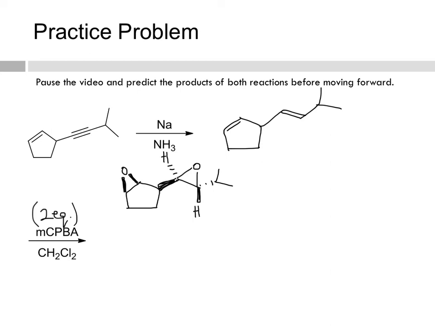Now because we have two possibilities in each case, this can be from the top or the bottom. This can be from the top or the bottom. Overall, we have a mixture of 4 diastereomers. And so overall, we've got this compound, plus we've got the compound where this epoxide is going at the back. And then now we can do the alternative for the trans alkene.